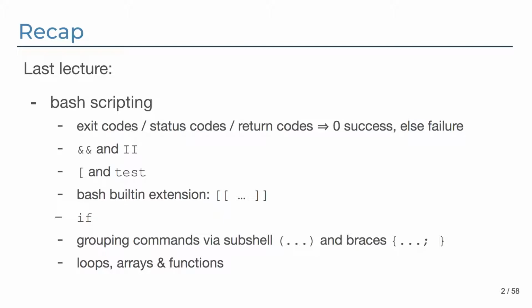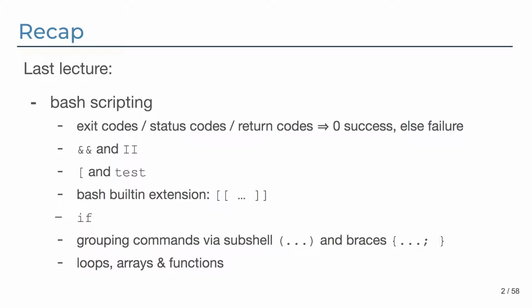Last week, as you might remember, was pretty heavy on content. We did a lot of bash scripting, a lot of interesting stuff, and the homework had some challenges, but I hope you all managed. Just a little overview: we spoke about exit codes, or exit status codes, or return codes, and it's all the same.